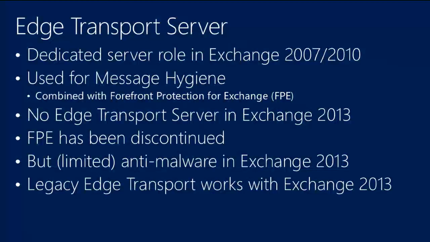So there is a way of enabling those old virus agents and scanning all your mail while running on 2013. But only mail in transit, so no database scanning. And if you still have your Edge server, you don't need to get rid of it.